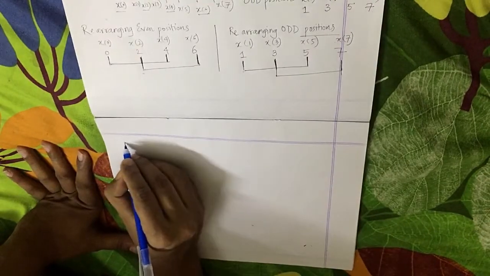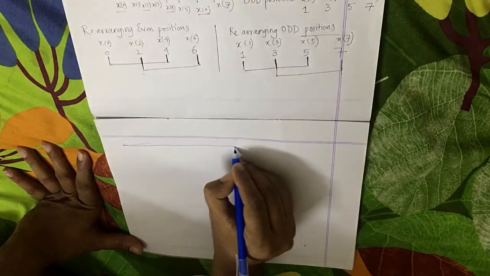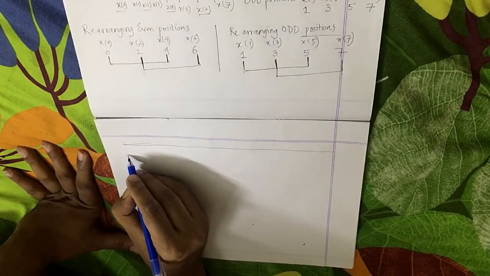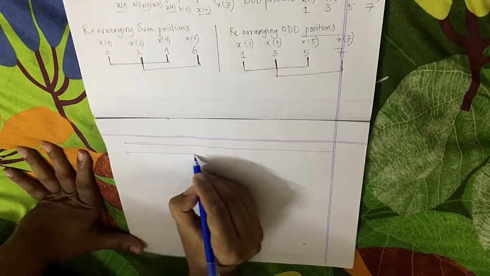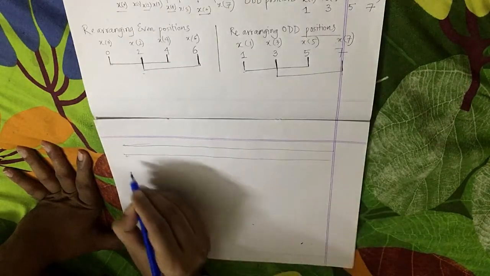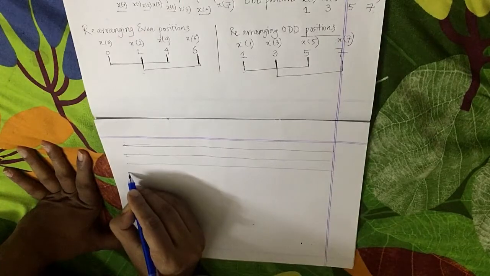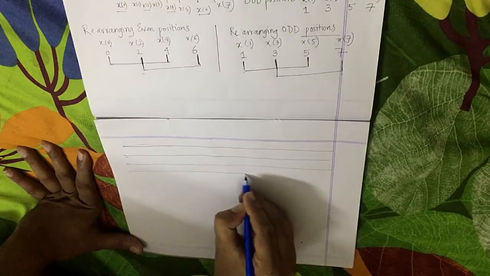First line, straight. There will be 8 straight lines. Line number 1. Then we have this. Line number 2. Line number 3. Line number 4.